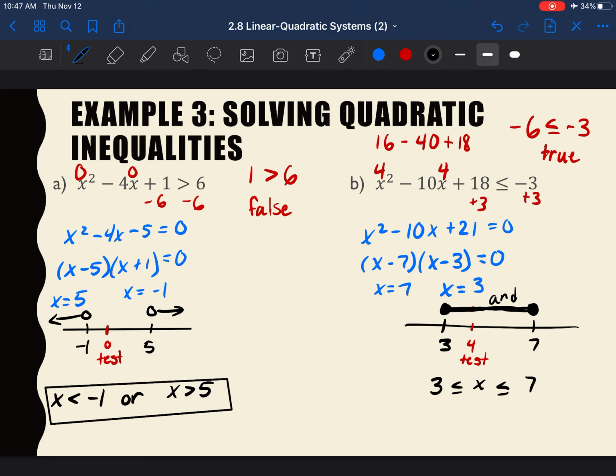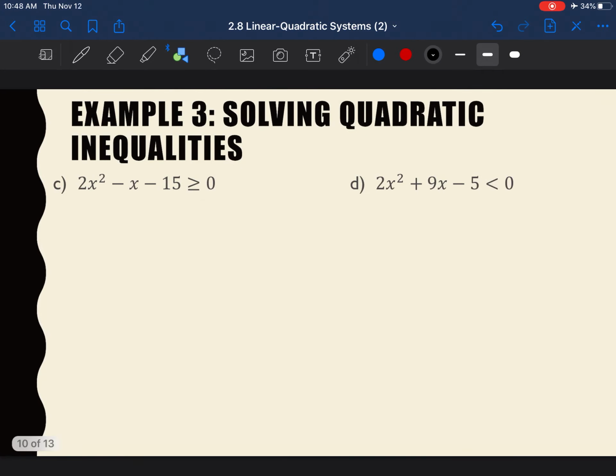Because it's basically saying 3 is less than or equal to all the possible values that are the answers for x, which is less than or equal to the 7. So in other words, in simpler terms, the solution is all the x values that can be between 3 and 7.